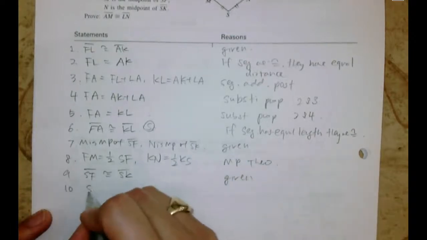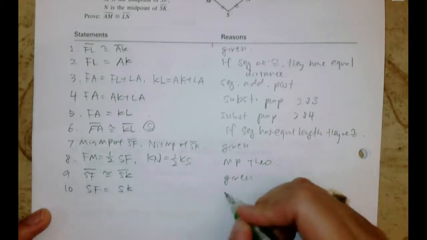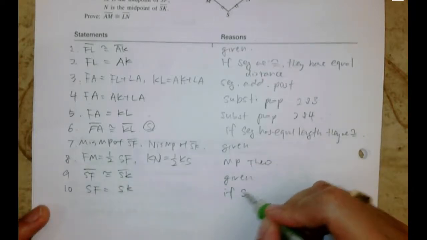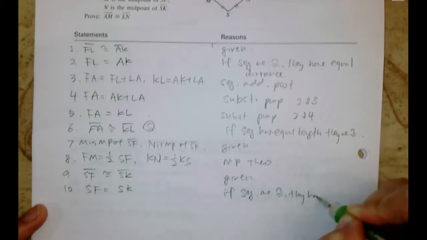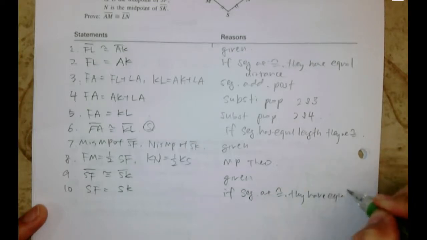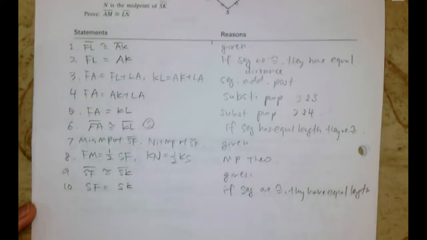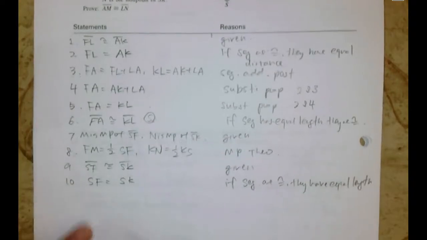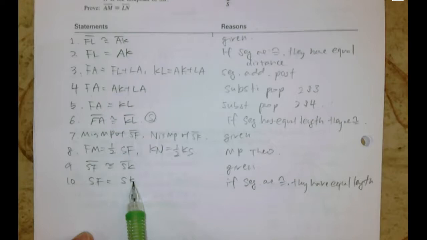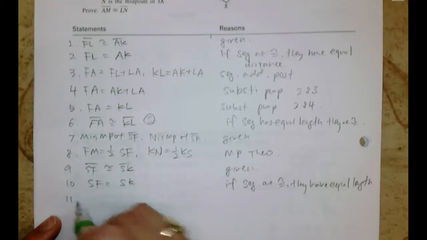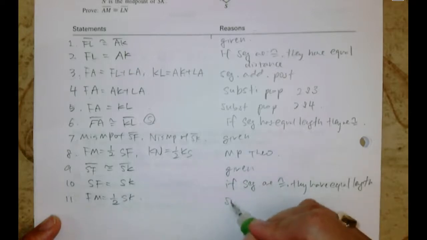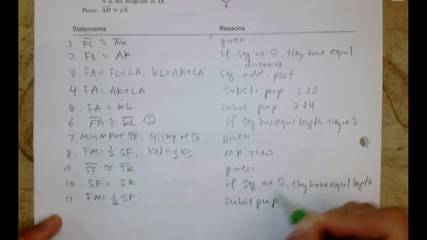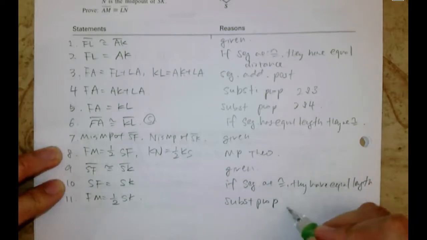And 10, so SF equal SK. If segments are congruent, they have equal lengths. Okay, so since these are congruent, you can substitute this into here. So 11 is FM is 1/2 of SK, and that's substitution property of 8 and 10.